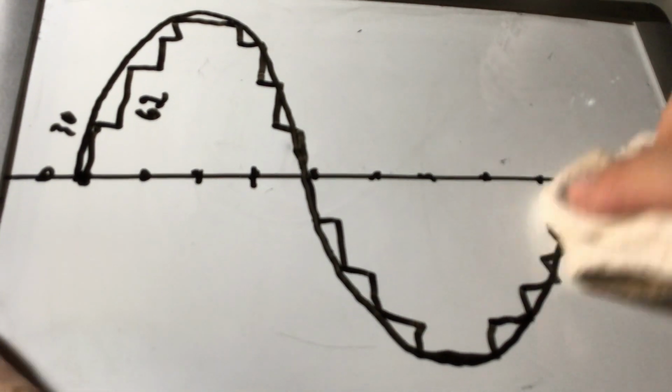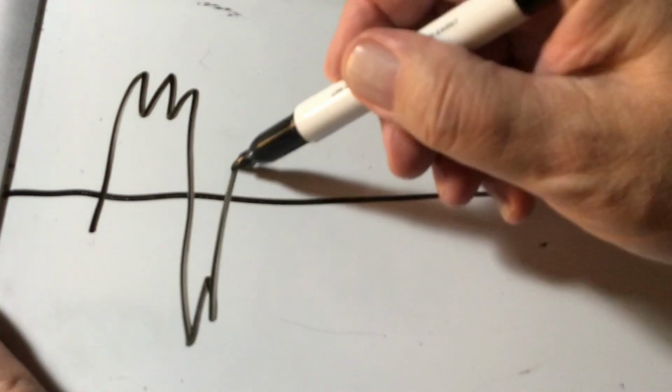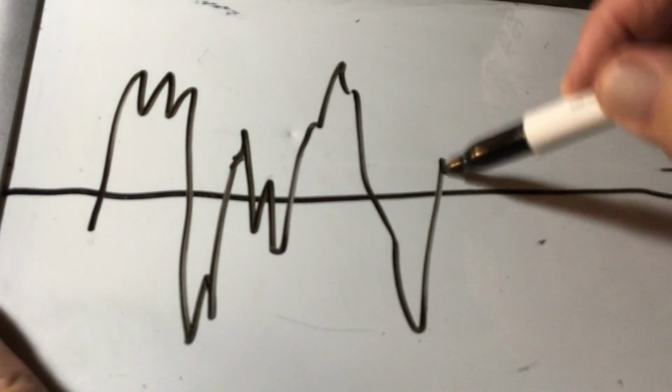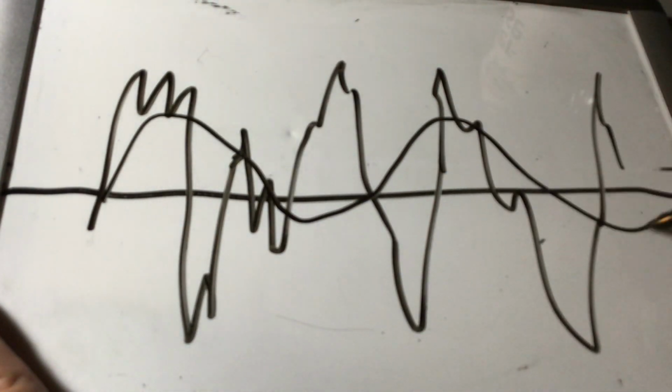And then if you look at actual guitar signals, you're talking about very complex signals, with lots of frequencies in there, and a bass player might be playing in there as well.